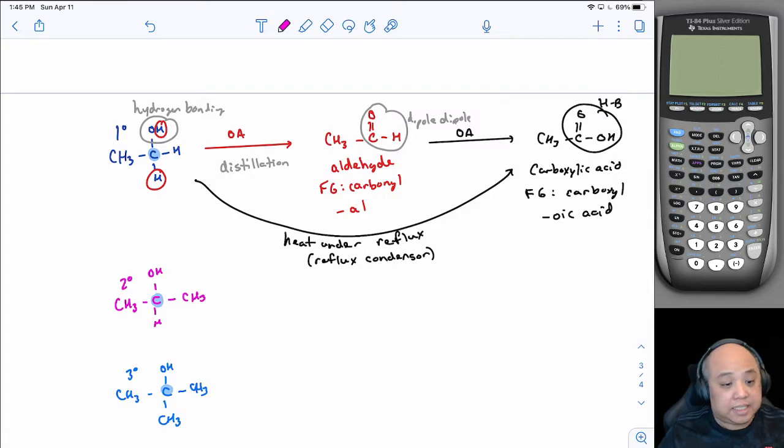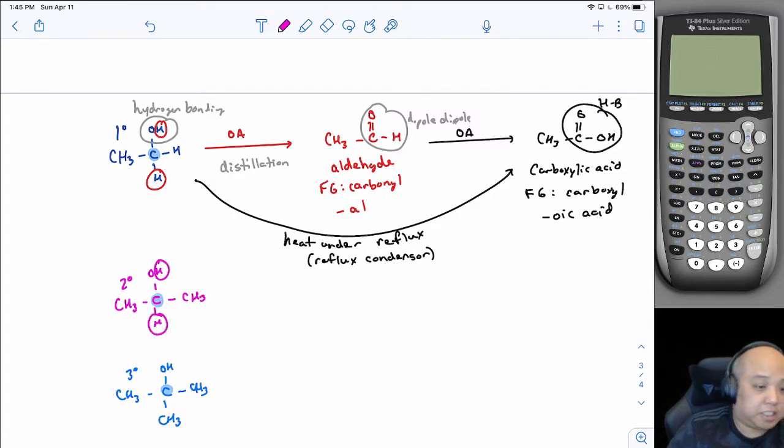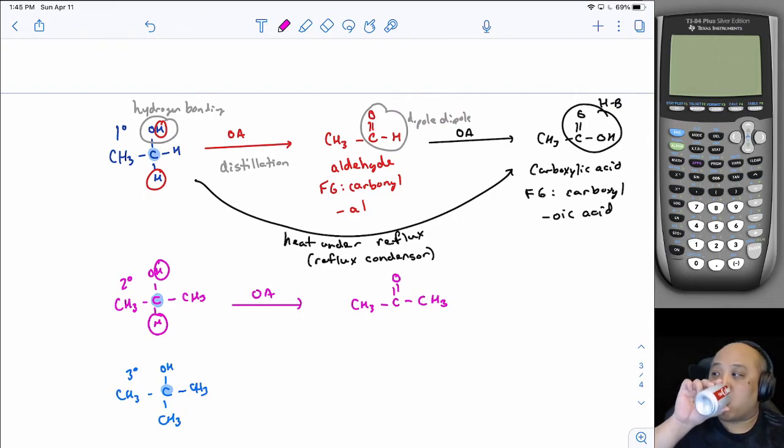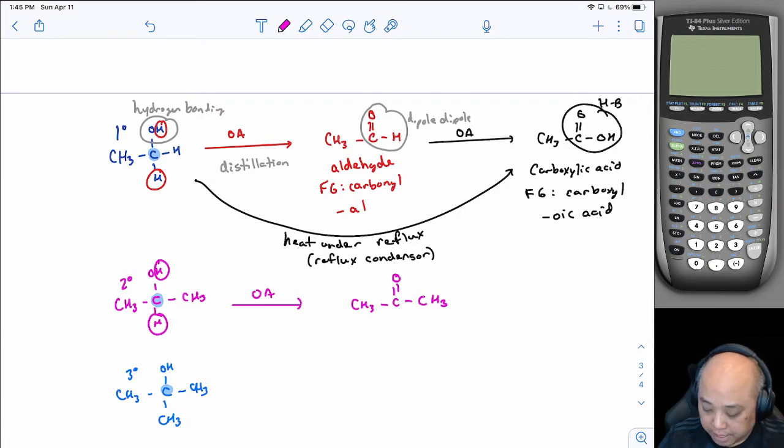Now, with the secondary, you only have one hydrogen that you can really remove from the carbon. And so with that one, it doesn't matter what happens because you can only oxidize it once. And this is our ketone.